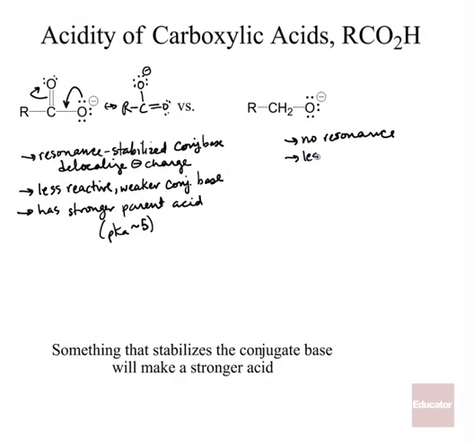Okay, so if it is less stable, higher energy, that makes it more reactive. This is the more reactive and therefore stronger conjugate base. The stronger conjugate base has the weaker parent acid.